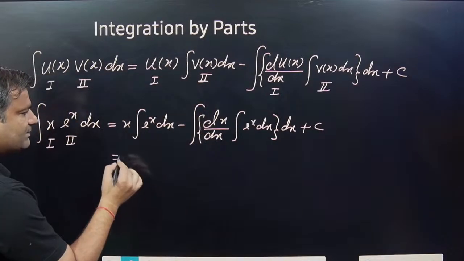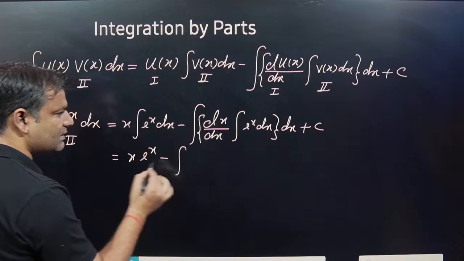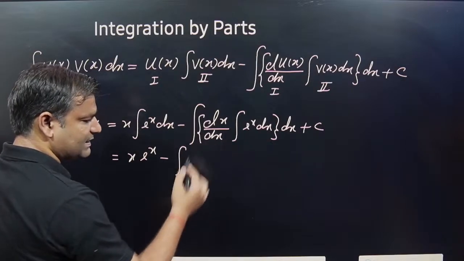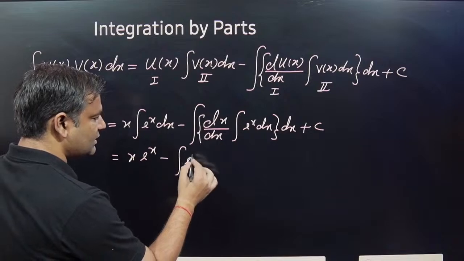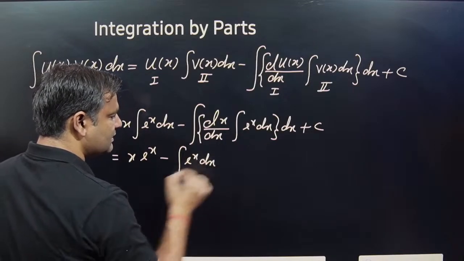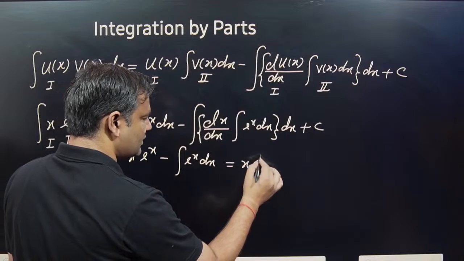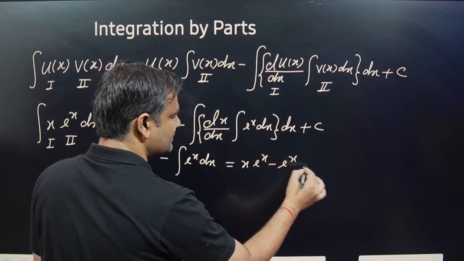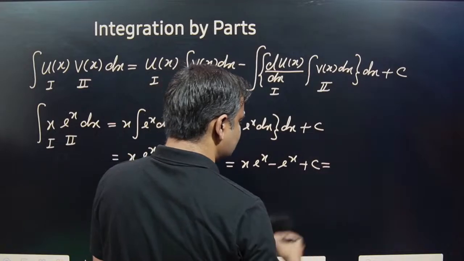After that, look here: x into e to power x minus, what is the value of dx by dx, that is 1. So e to power x, integration of e to power x is simply e to power x, so e to power x into dx. So x into e to power x minus e to power x, and also a new constant c is added.